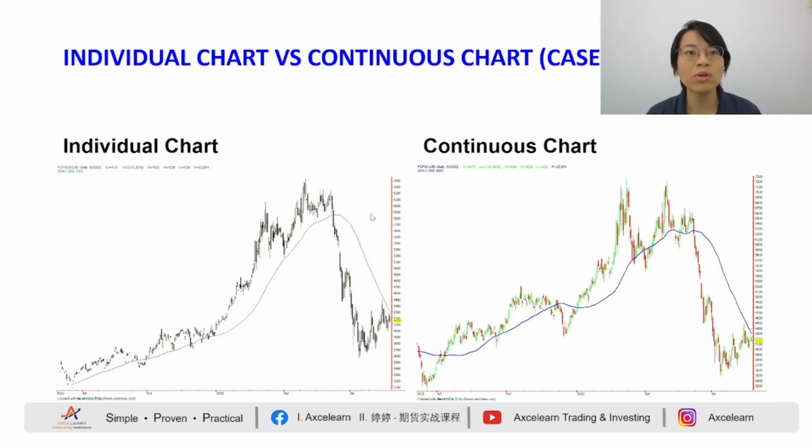So please make sure moving forward, when you bring your chart up, especially for futures trading, make sure you capture the correct chart and use the correct chart. Deal?